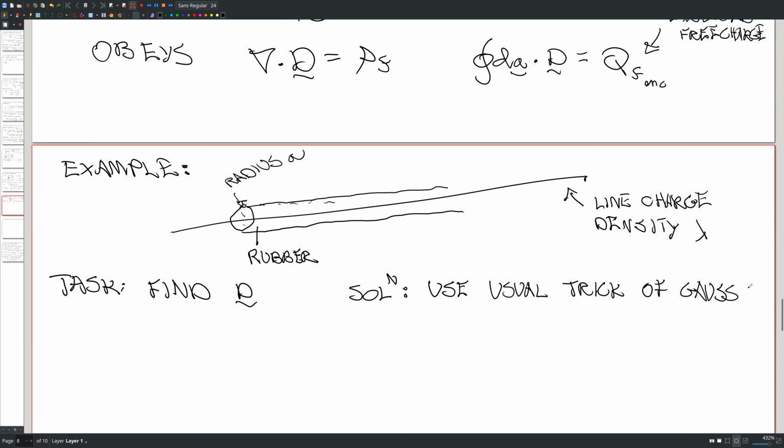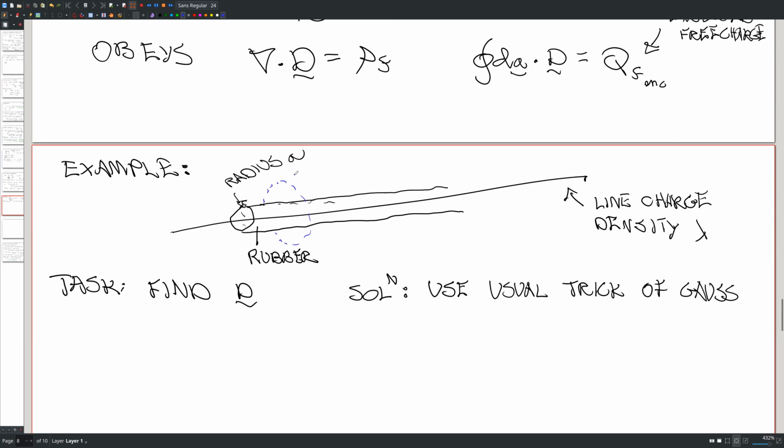Okay. So what I can do in order to determine my field is to use the Gaussian trick that we've done in the past, where I take now a new Gaussian surface, which is going to be, say, first outside.